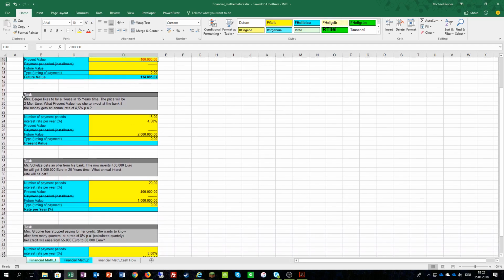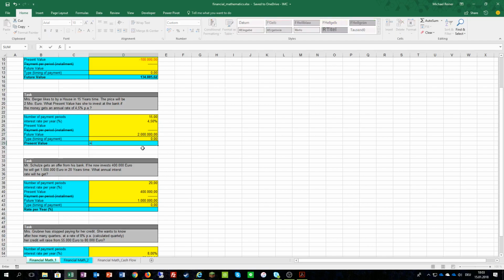If we go to the second task, Mrs. Berger would like to buy a house in 15 years. The price will be 2 million. What present value does she have to invest at the bank if the money gets an annual rate of 4.5%? So we have the 15 years, 4.5%, and the 2 million we want to get out at the very end. That means we get 2 million, and that's positive.